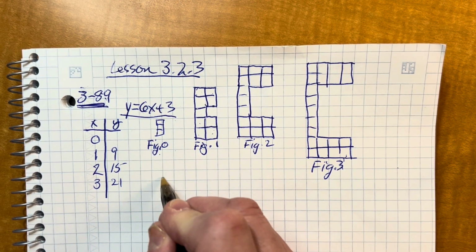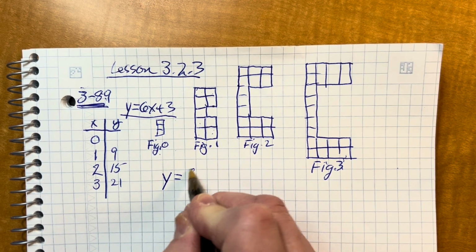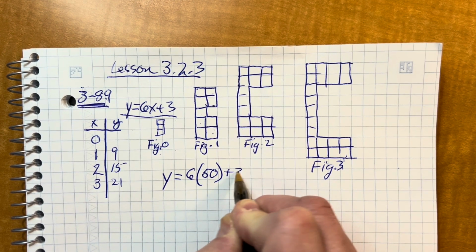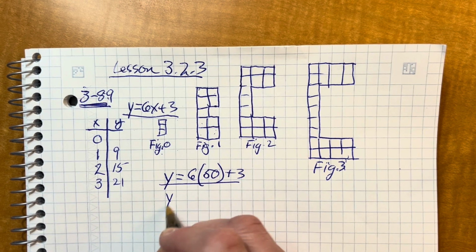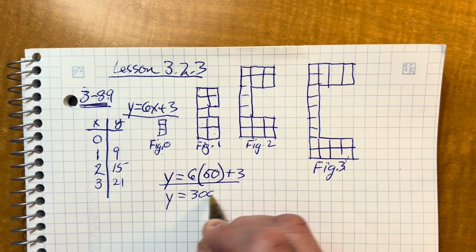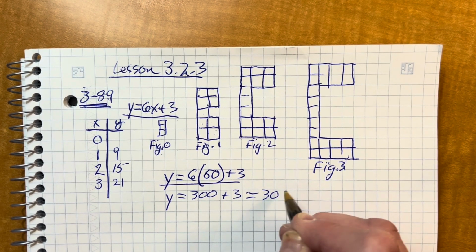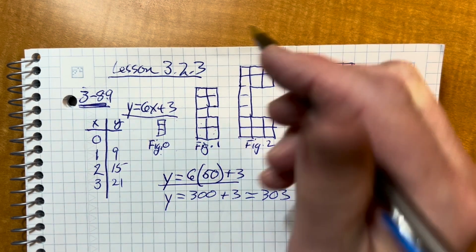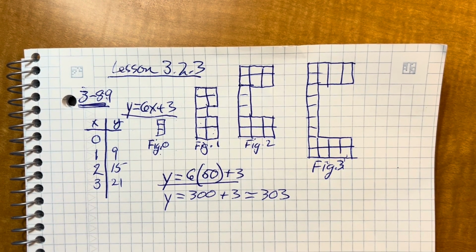So here's what we do. y will equal 6 times the 50th figure plus 3, and that's all there is to it. So when you multiply that out, y equals 300 plus 3, which of course is 303. That's how many squares or blocks there are. That is the solution to number 89.